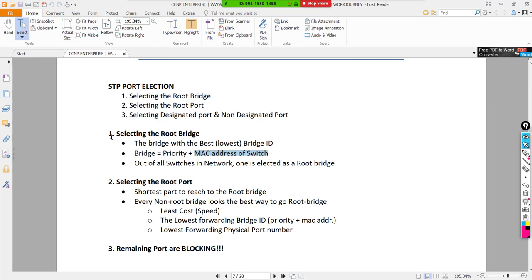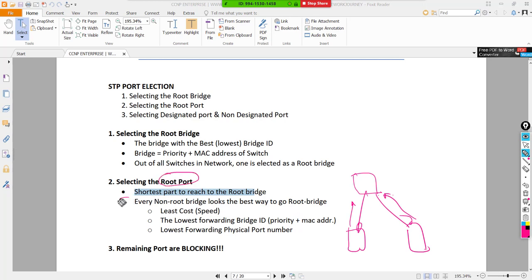So the first step that happens in STP is root bridge. The second step is to find the root port. Root port is nothing but the shortest path to reach the root bridge. So if I have a switch here and 2 different switches, basically the directly facing one becomes the root port.